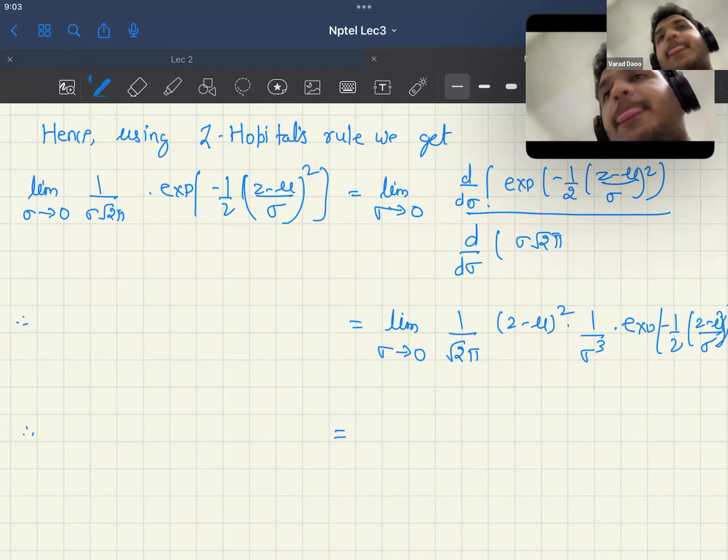Therefore, which is nothing but the delta function. And hence, the limit as sigma tending to 0 of 1 by sigma root 2 pi into exponential of minus 1 by 2 (z minus mu by sigma) square. Let me write this down here because this is a result, in a red pen.